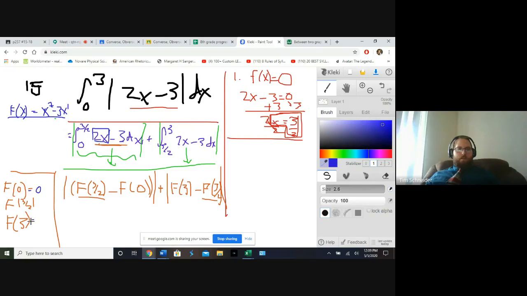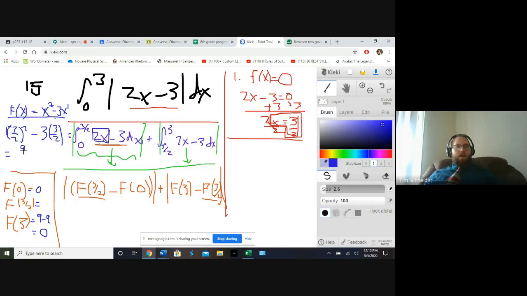And let's do this one next. This one is equal to 9 minus 9. Oh, great. That's also 0. This one is a tricky one, though. So let's do that. 3/2 squared minus 3 times 3/2.